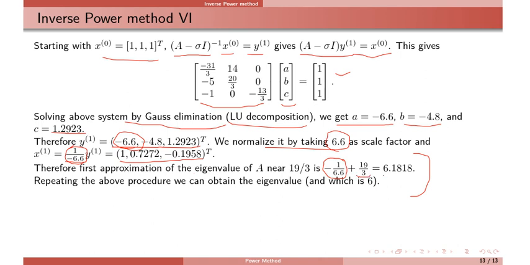That gives 6.1818, which is the eigenvalue of A near the number 19 by 3. I have done only one iteration, so you can repeat the same process, find y2, normalize y2 to find x2, and so on.